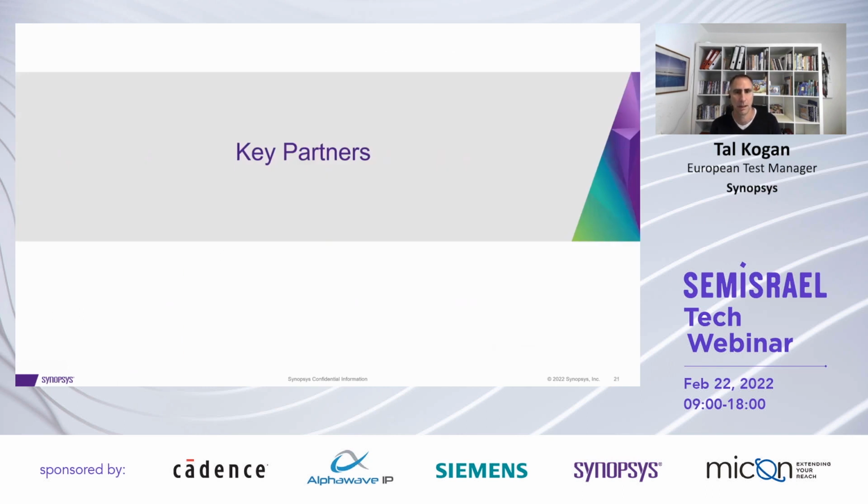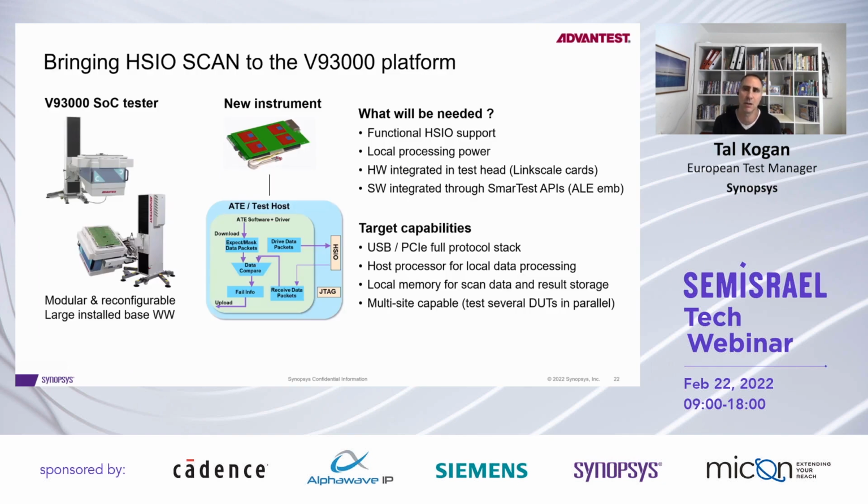Okay, so some key partners here, and I mentioned testers before. This is very important that a tester would be able to actually understand this format, use this data in the different high-speed interfaces that we support.